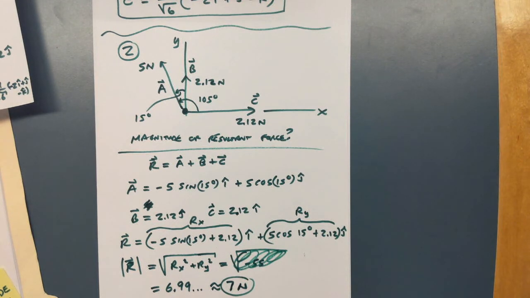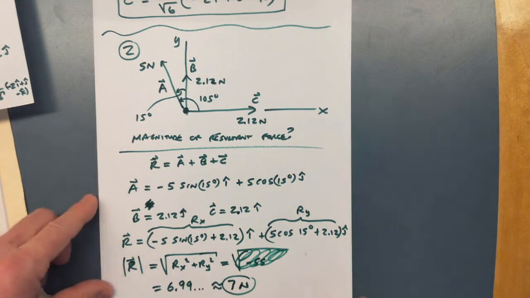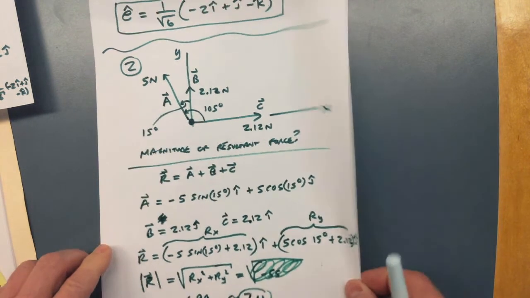And I'd like to do one more vector analysis, which is the angle between two vectors. So we use the dot product. We already used the cross product.